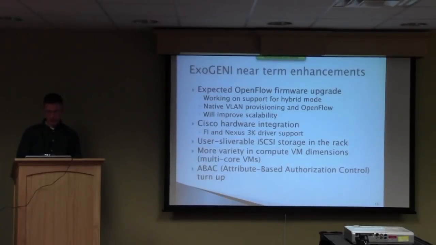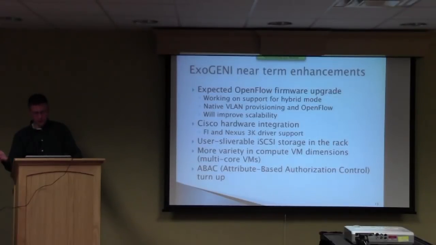So this is what's coming. Expected overflow from the hybrid mode. We have begun to test that. We'll do some enhancements that include new handlers for the hybrid mode. There's Cisco hardware integration.